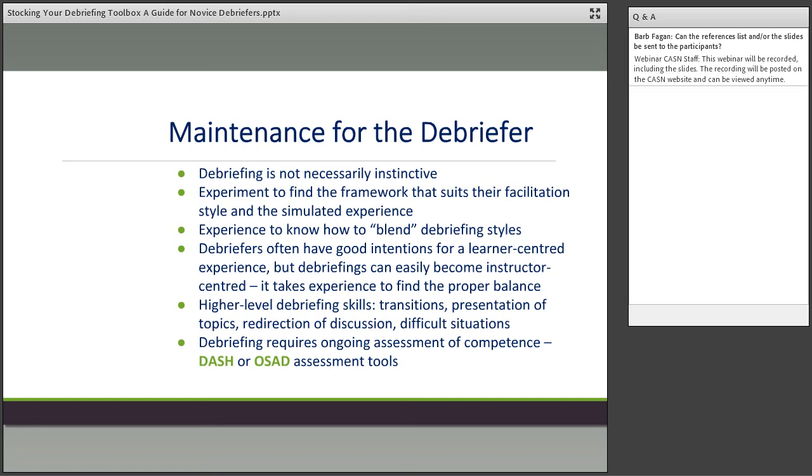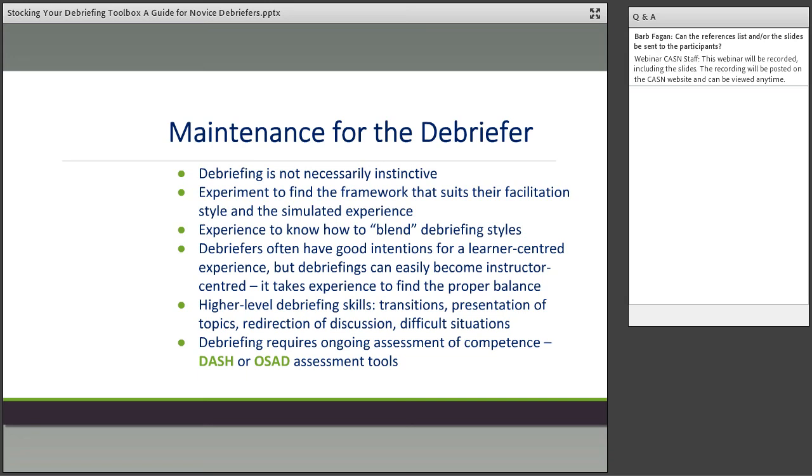By and large, you want this to be a learner-centered experience, but there are times when it needs to be instructor-centered. For example, you find that you've got some novices who are very unfamiliar with what just happened, or you really find that after the blood transfusion reaction scenario, you may need to go back and review some things around IV maintenance. Okay, so it's finding that balance.